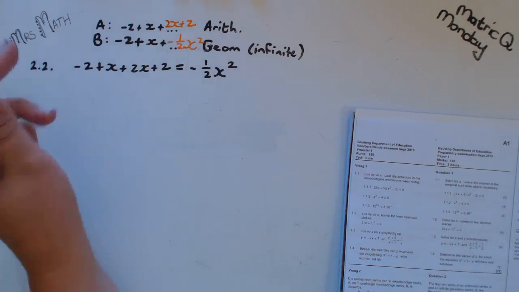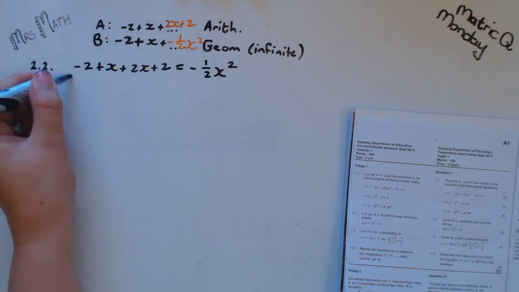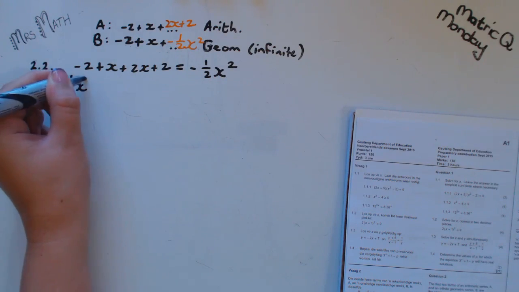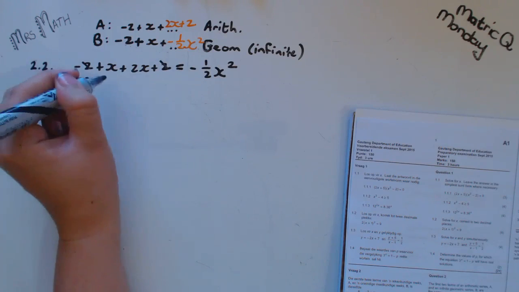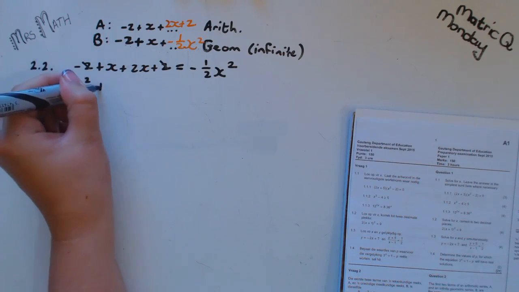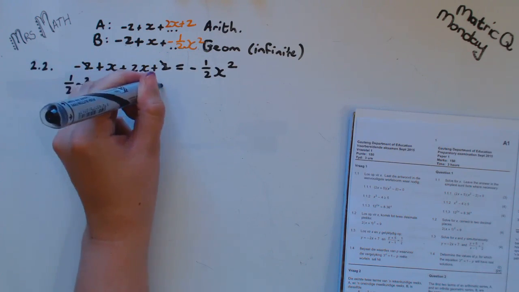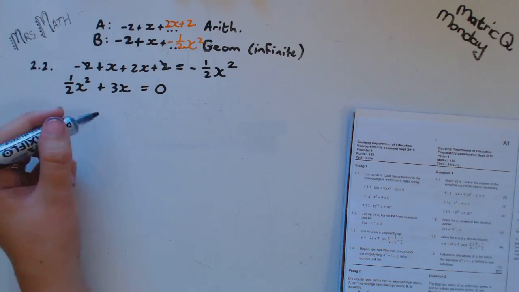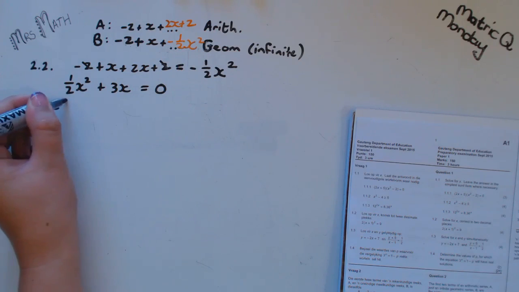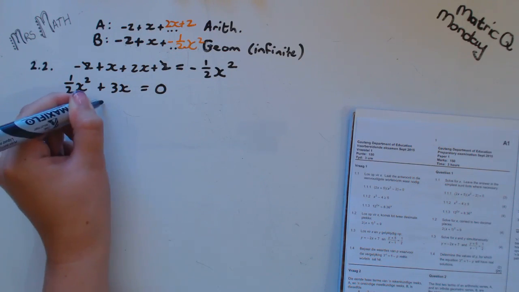This is quadratic, so I'm going to take everything over to one side. I bring this over. Minus 2 plus 2 actually cancels, and x plus 2x is plus 3x. And then I don't have anything here because I took this over. Then I can factorize. I take an x out as a common factor.